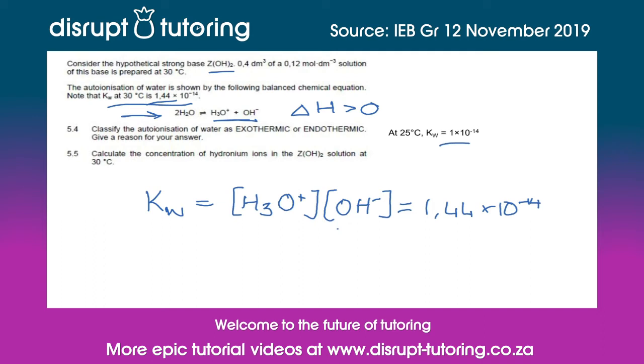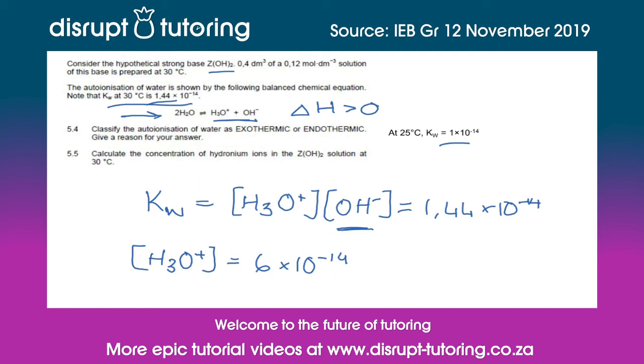So we can get the concentration of the hydroxide ions from the concentration of the Z hydroxide solution at 30 degrees Celsius. In this case, we can substitute these values in, and we can find that the concentration of the hydronium ions is equal to 6 times 10 to the minus 14 moles per dm cubed.